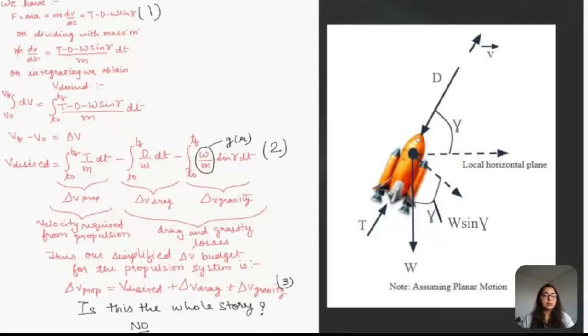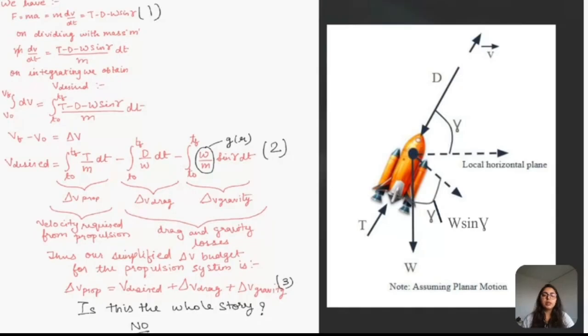This represents the velocity provided by the propulsion system via thrust. Assuming an initial velocity of 0, we get the final equation. The first term is thrust-induced velocity, the second is the drag loss, and the third is gravity loss. W over m represents the local gravitational acceleration, which decreases with altitude.